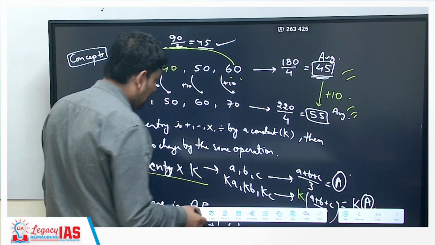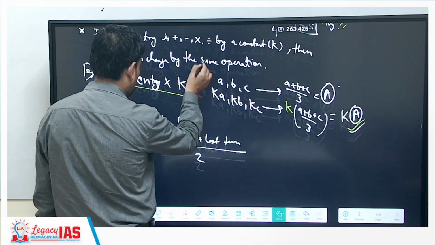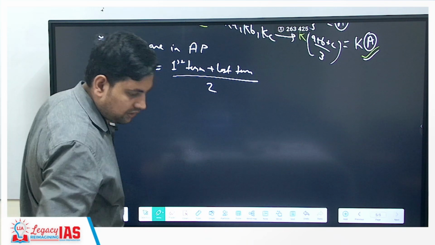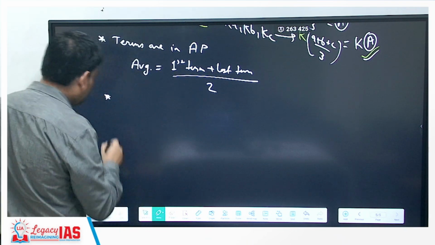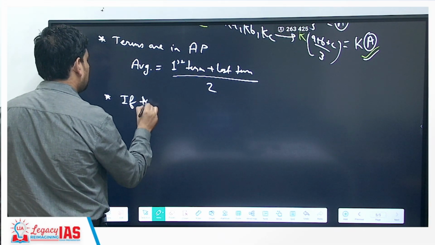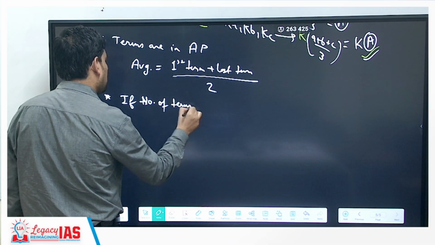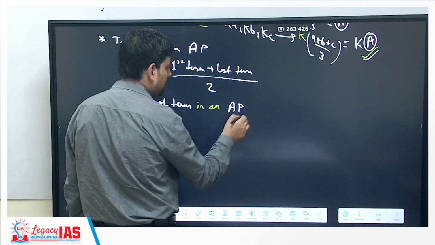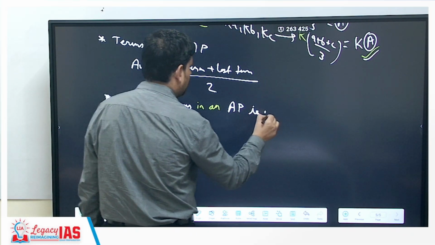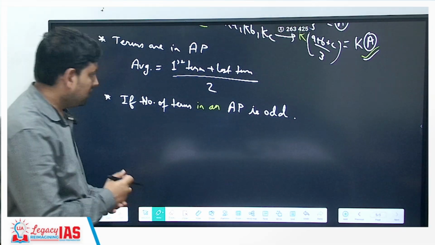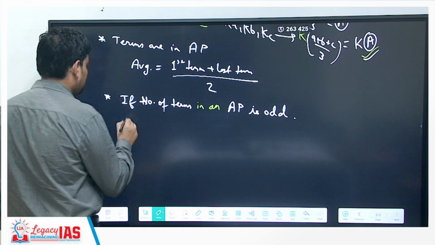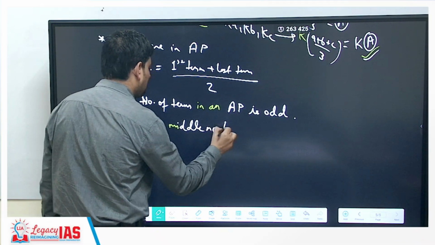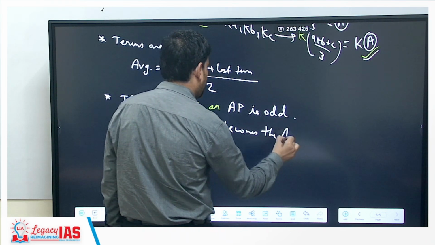Then now one more, if the number of terms in an arithmetic progression is odd, then the middle number becomes the average.